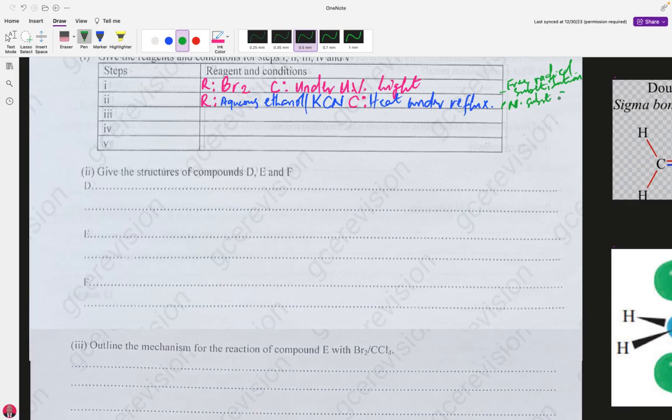With cyanide ion. It's a nucleophilic substitution reaction with a cyanide ion. That is for the purpose of revision.